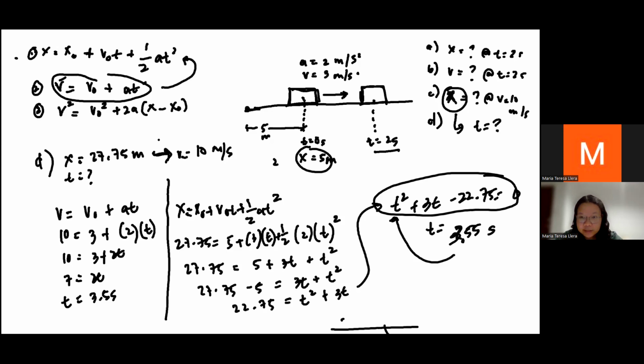I hope everything is clear, and I hope now you understand more how to use, or which formula is the best to use, in certain types of questions. So again, it's really good if you visualize the problem first, and then you write all the questions down, and then you define all your variables.